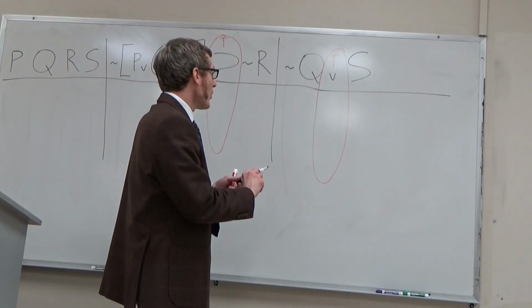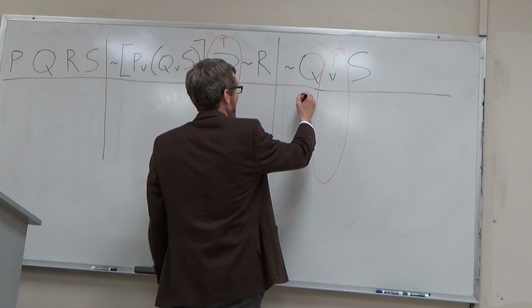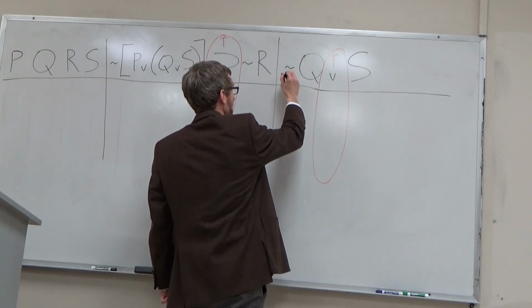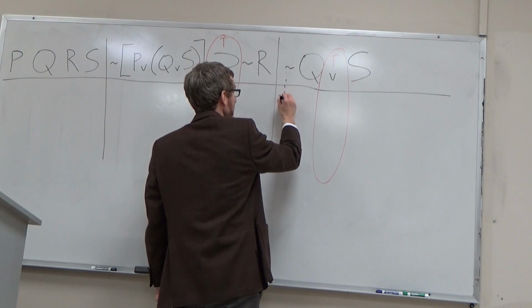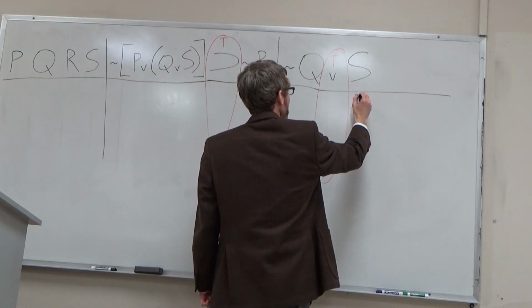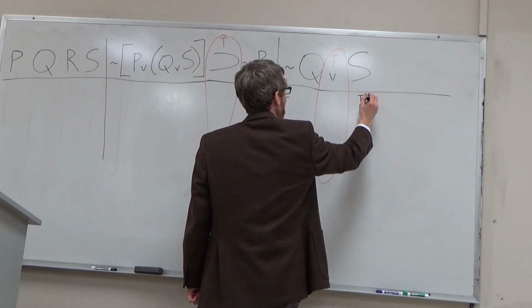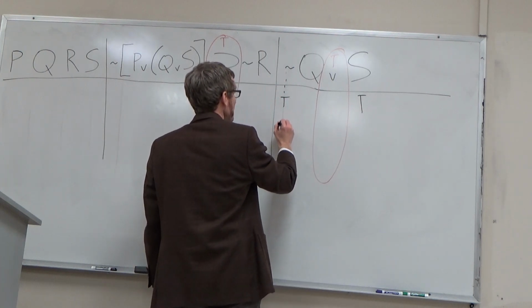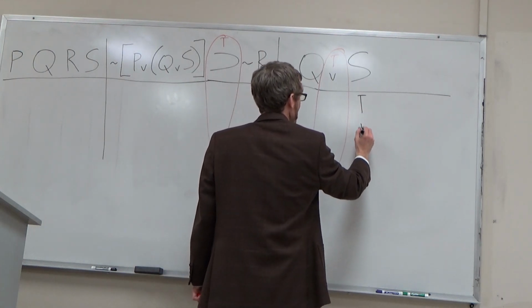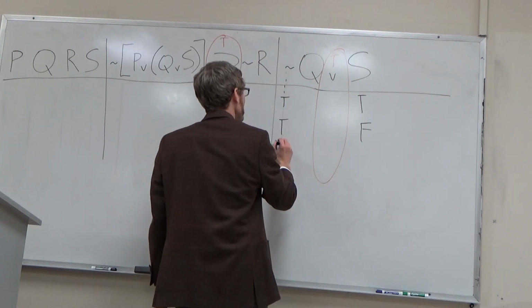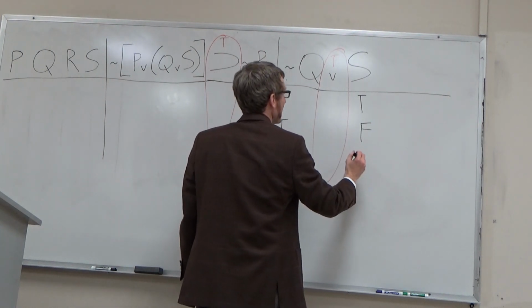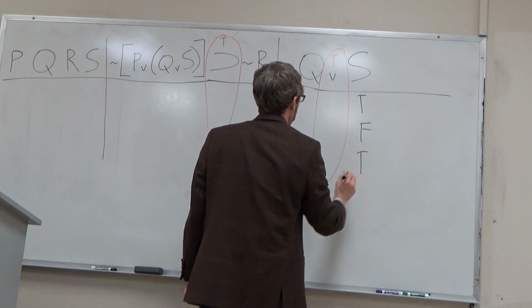So one way for this to turn out to be true is for not Q to be true and for S to be true. Another way is for not Q to be true and S to be false. And a final way is for not Q to be false and S to be true.